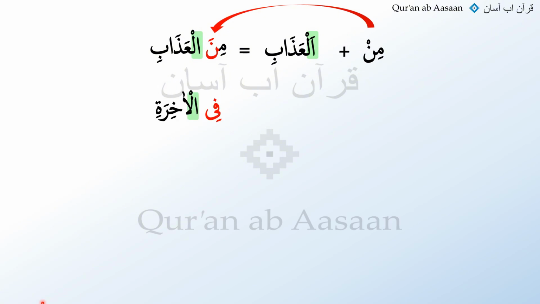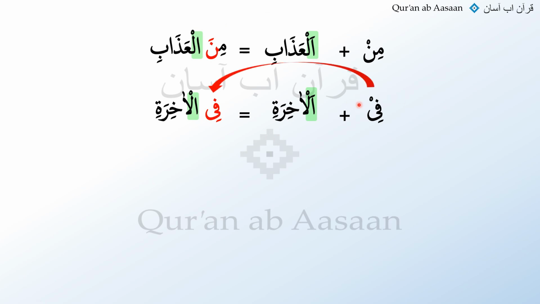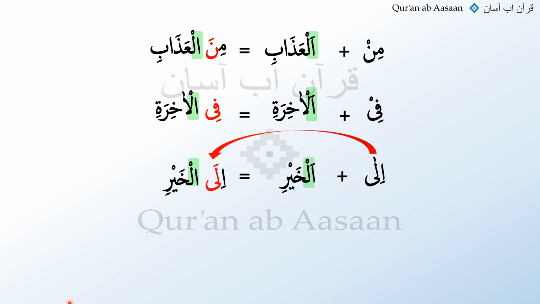Similarly, let's see what other harf jars look like. Fil akhirati is actually fi plus al akhirati, and it's the same fi that we saw earlier in the previous slides with the sukoon. We can't see the sukoon here because it's connected to the al of al akhirati. Ilal khairi, we have learned the harf jar is ila plus al khairi in this case. And alan nari, what is the harf jar? It's actually ala, the same harf jar ala.